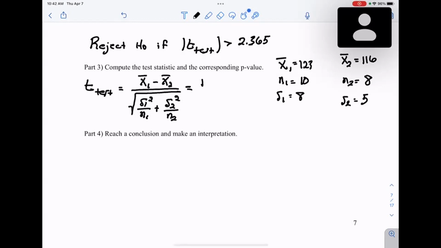In the numerator, you have 123 minus 116, divided by, it's asking for S1 squared, so that would be 8 squared divided by 10, because N1 is 10, plus 5 squared divided by 8. Now someone tell me what you get to 2 decimal places. Yeah, correct. 2.27.